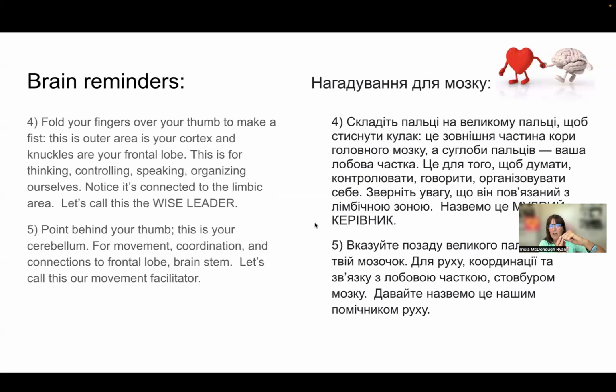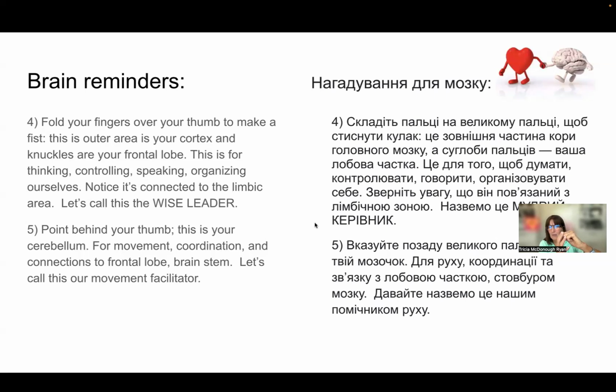Remember, this is where responsibility is held for your thinking and your controlling and speaking and organization of yourself and regulation of this limbic system. Notice the connection between this thumb and the cover over it. And we're going to call this cover area our wise leader.